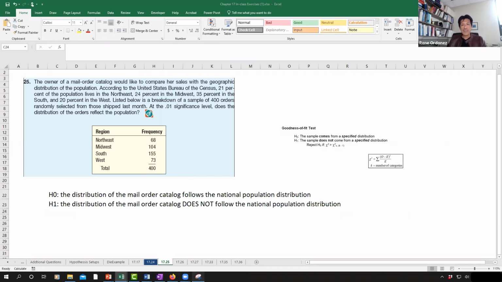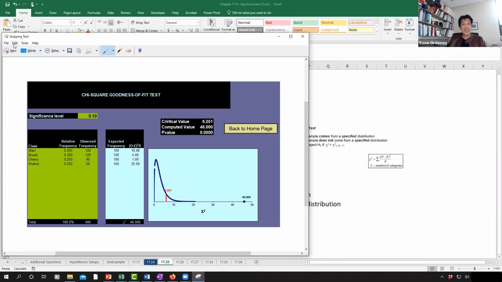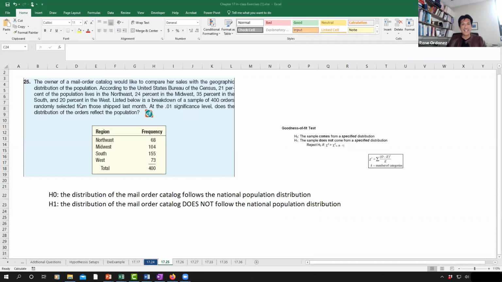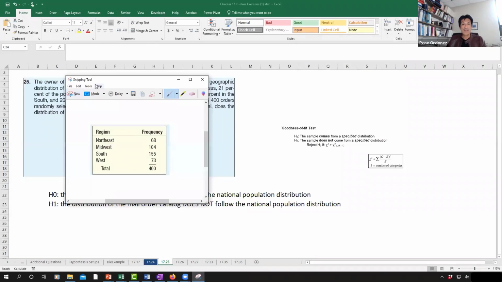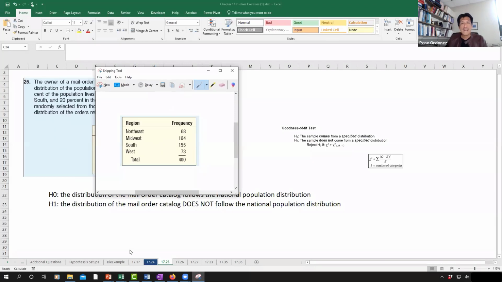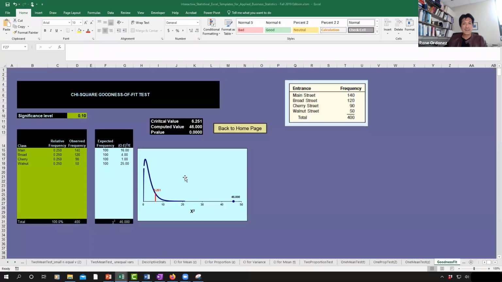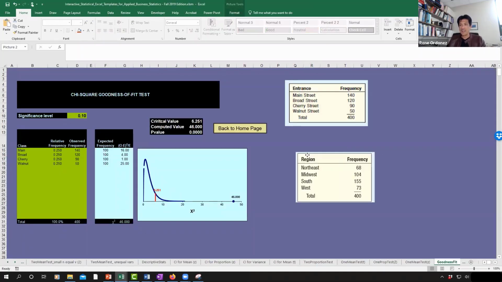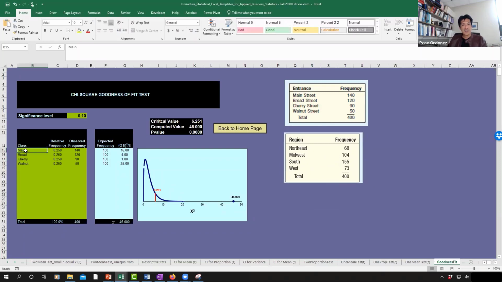So once again, we can use the goodness of fit test to see if the distribution follows. If you look at it, it's really not easy to compare at this point, right? So let's look at over here. The regions are Northeast, Midwest, South, and West.